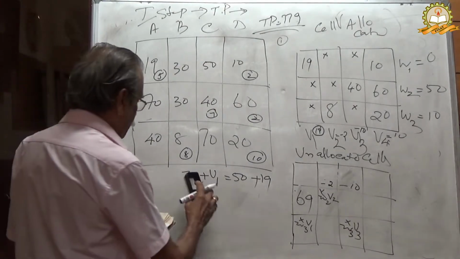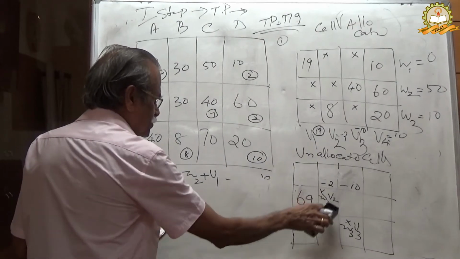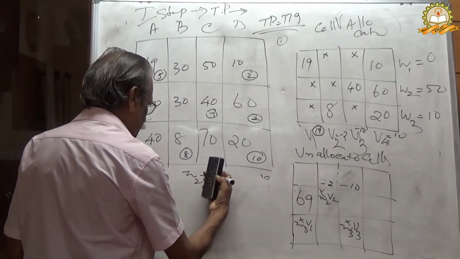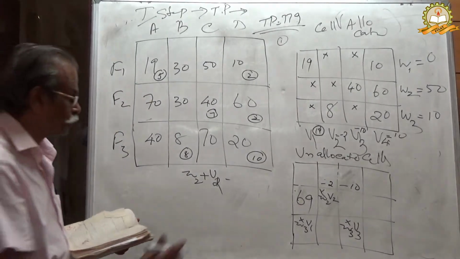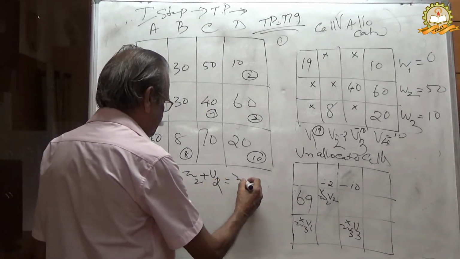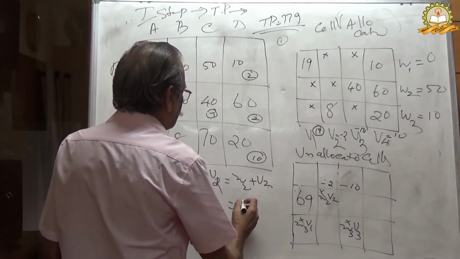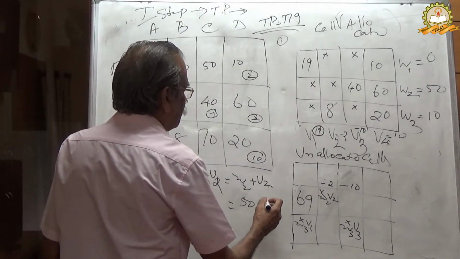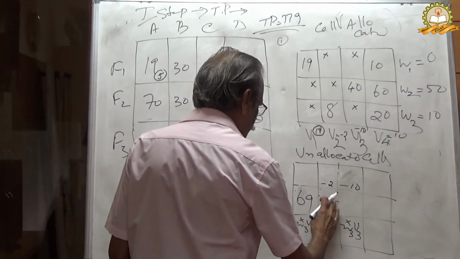Then next one U2V2 means U2 plus V2, equals 50 minus 2, equals 48.